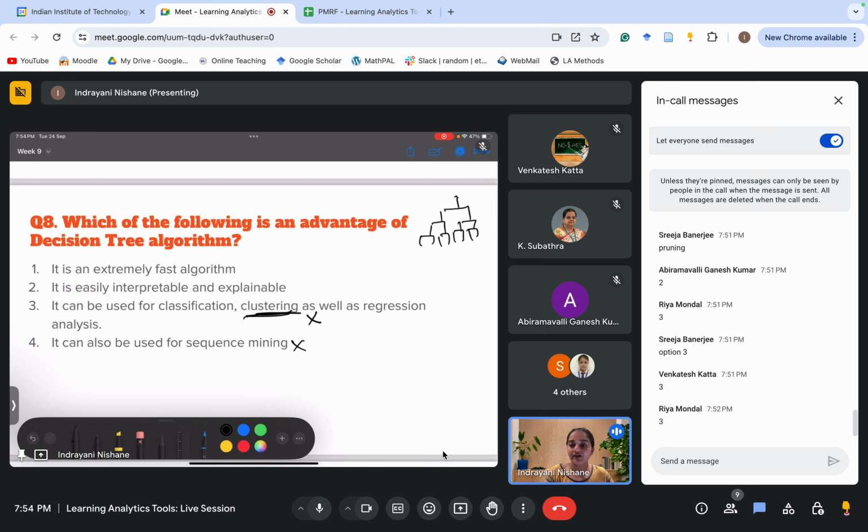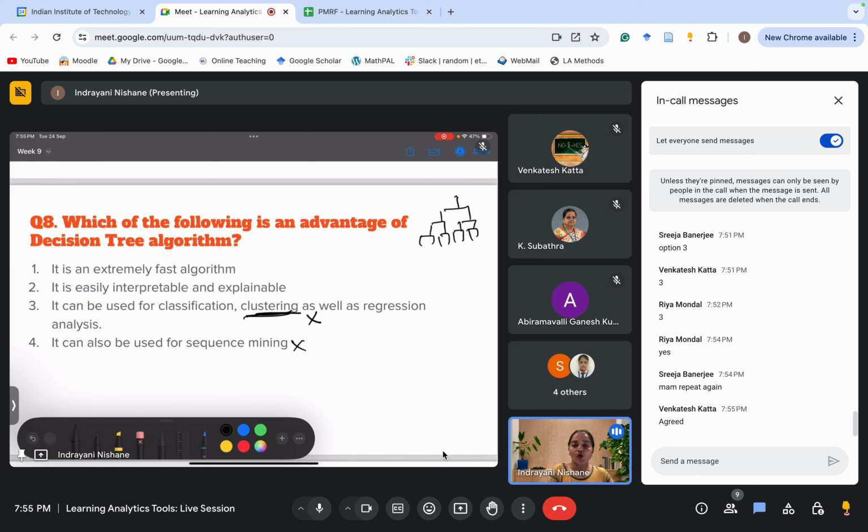I hope I have addressed the misconception here. All those who answered option 3 as the correct answer, does everybody agree that 3 is not correct in the case of the decision tree algorithm? It is not the advantage.